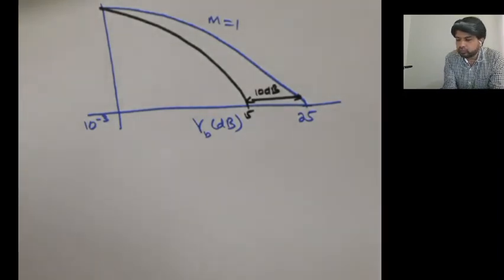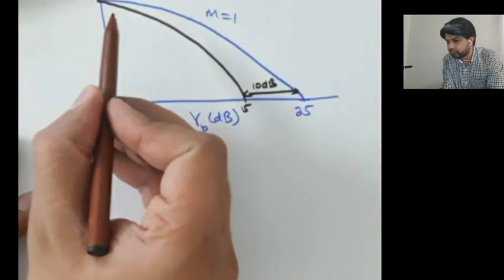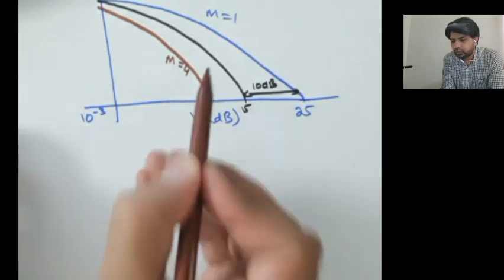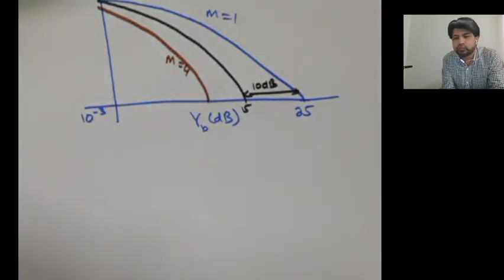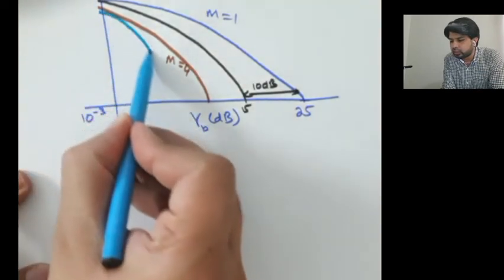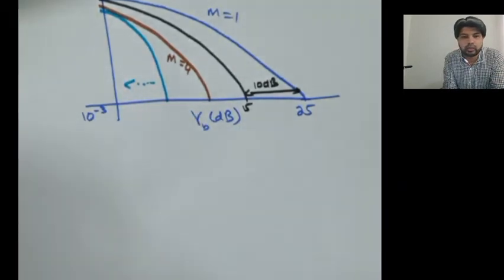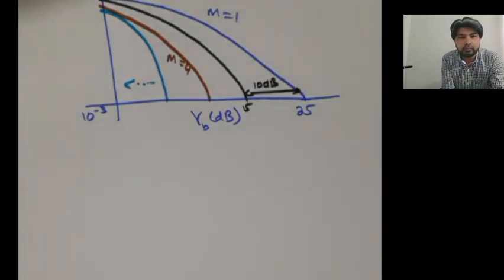Then with m equal to 4, you would get, so this is m equal to 4, and then it would continue, meaning you would not have diminishing returns here. The performance gains would keep on increasing. That means your bit error rate curve would keep on moving towards the left. That is the key difference between maximal ratio combining and selection combining, where in selection combining you had diminishing returns as you increase your m, that is your number of branches.